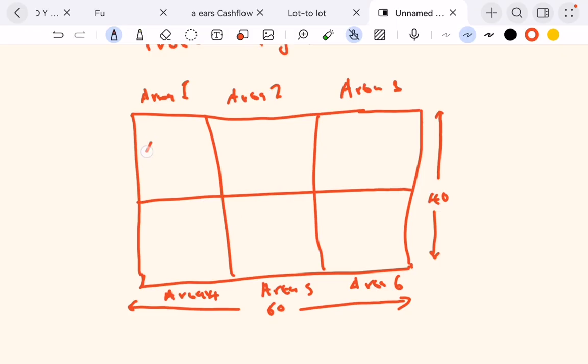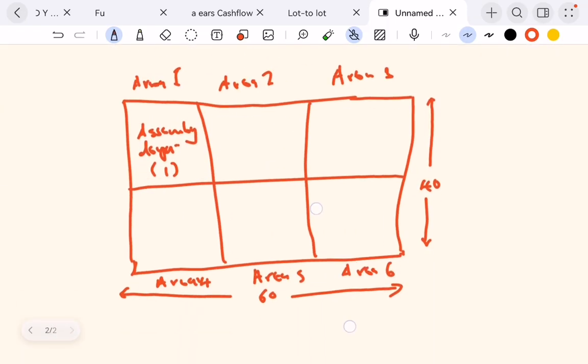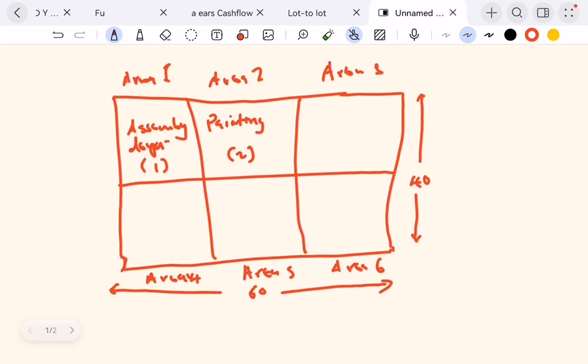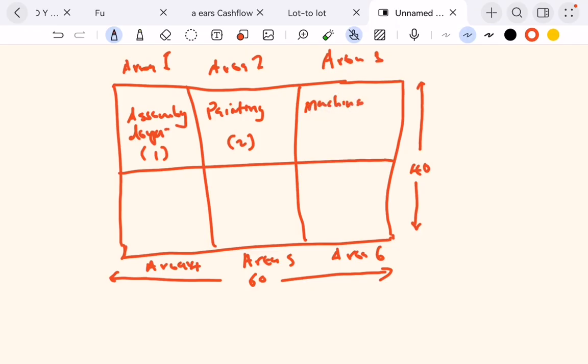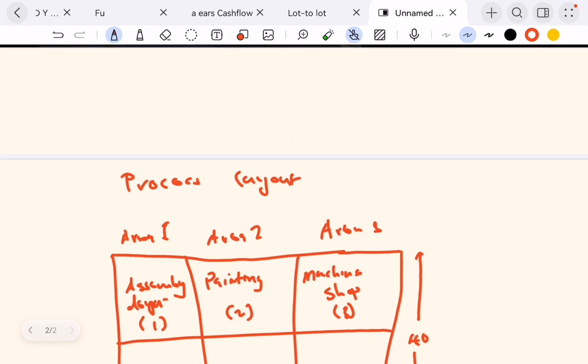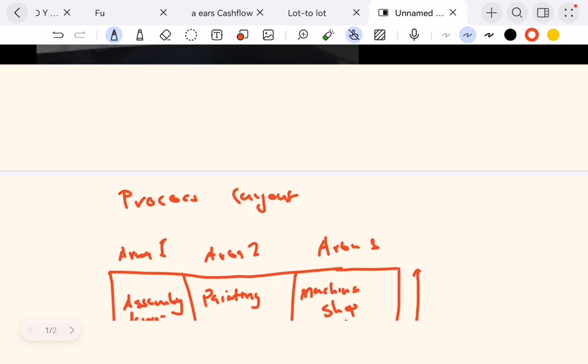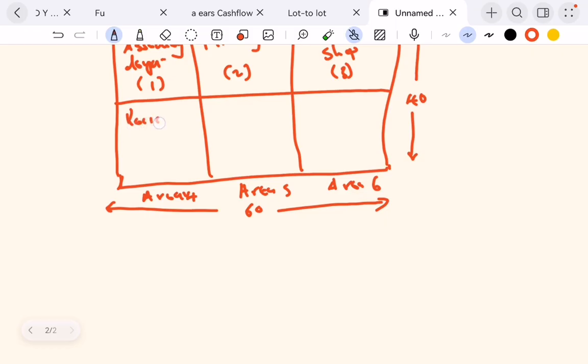So number 1 is the assembly department, the second one is painting, which is 2, then we have machine shop, which is 3, then receiving, which is 4, then shipping, 5.